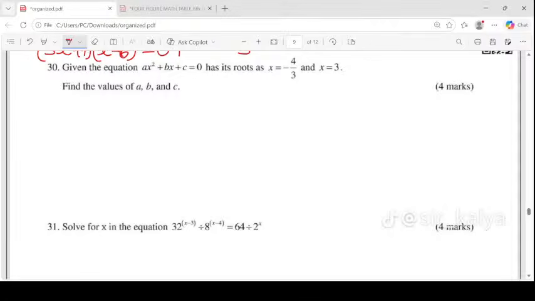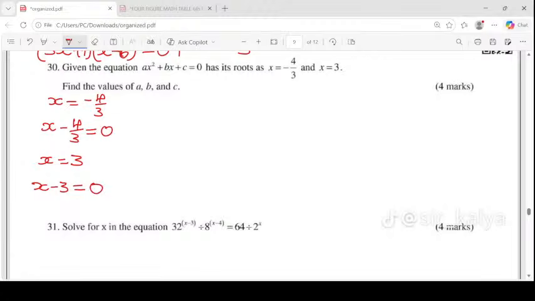In the first case, x is equivalent to negative 4 over 3. When I take the negative 4 over 3 to the left, I'll have x minus 4 over 3 being equivalent to 0. Then the next one, x is equal to 3. When I take 3 to the left, I'll have x minus 3 is equal to 0.